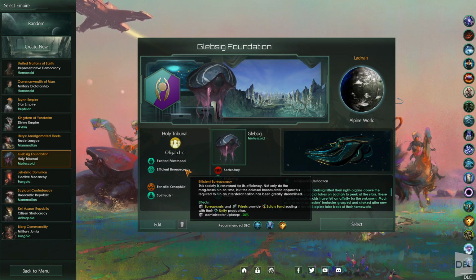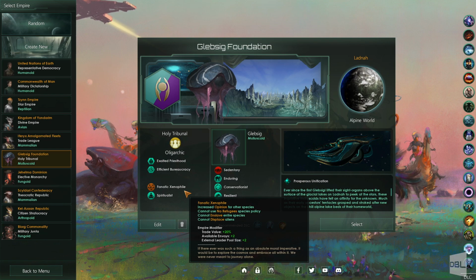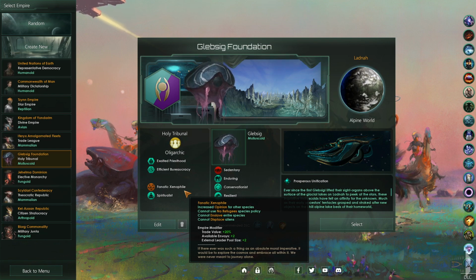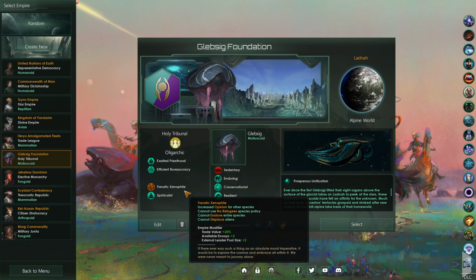Administrator upkeep -20%. Fanatic xenophile. Increased opinion for other species. Cannot use no refugees. Cannot enslave species and cannot displace aliens. Yeah, that makes sense. I mean, if they're going to follow their actual beliefs, that makes sense.